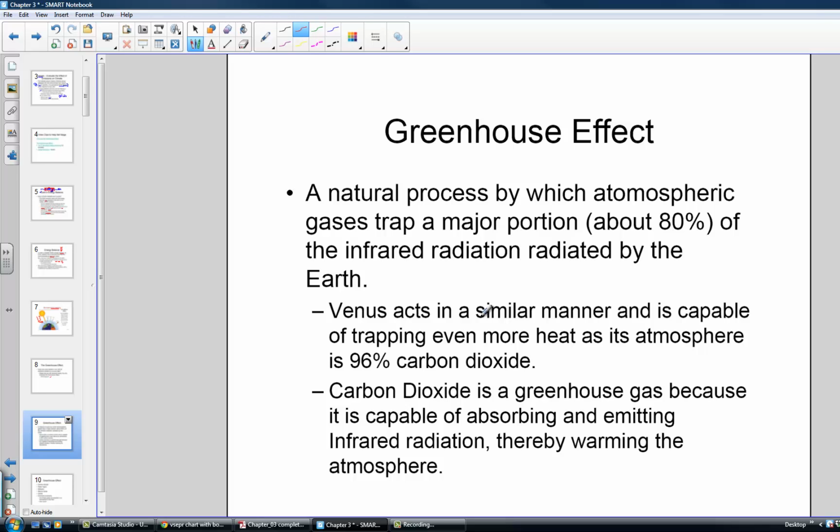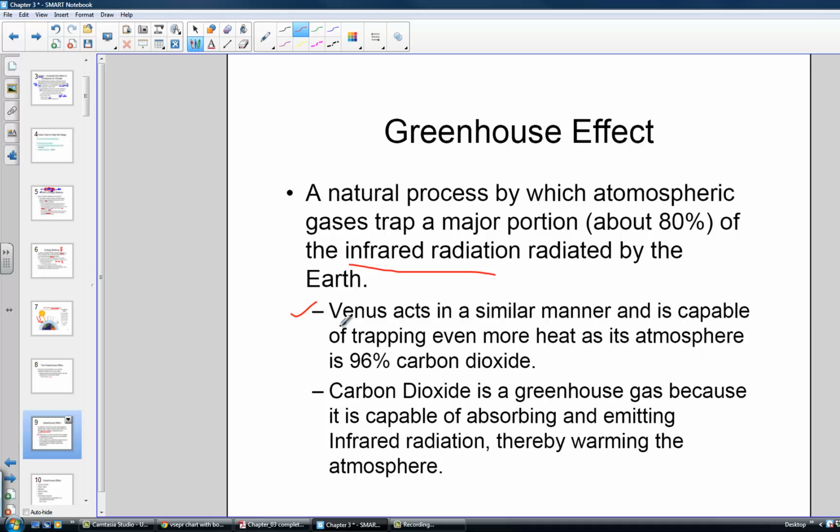And that's what our atmosphere does. It stores heat energy inside of the chemical bonds of the gases found in the atmosphere. So this natural process by which atmospheric gases trap this major portion, about 80% of the gases are trapping heat energy, and it's in the form of this infrared radiation.